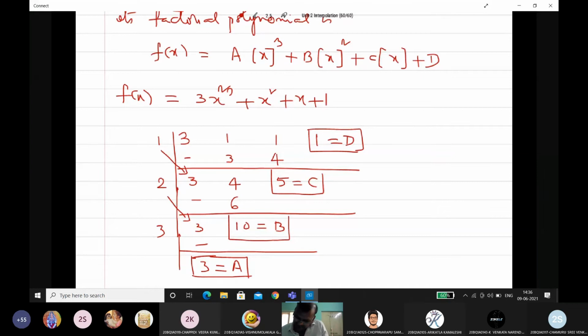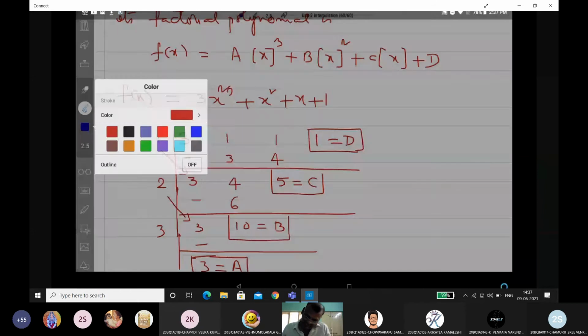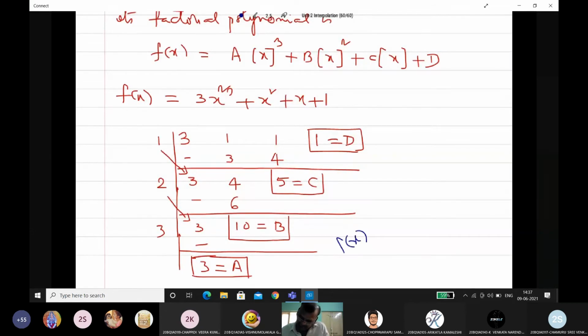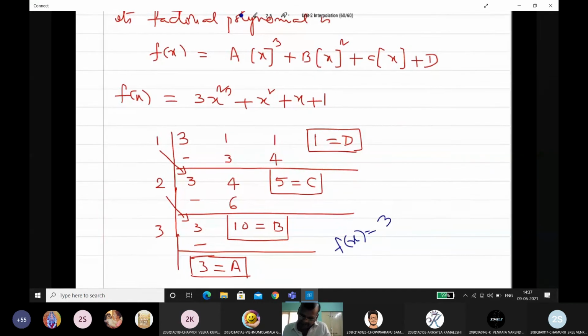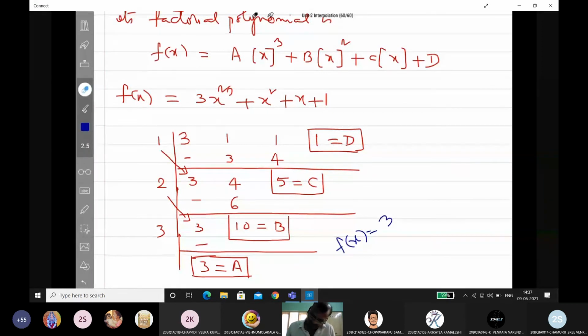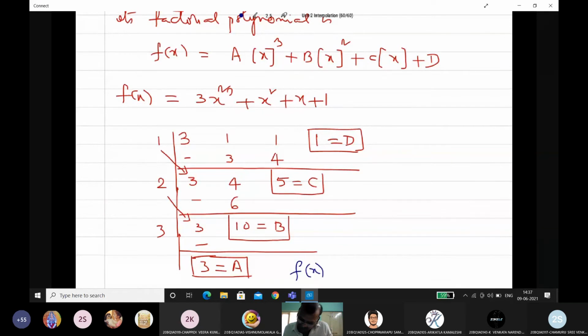Therefore, what is the answer? f of x is equal to A, which is 3, factorial x cubed, plus B, 10 factorial x square, plus 5 factorial x plus 1.